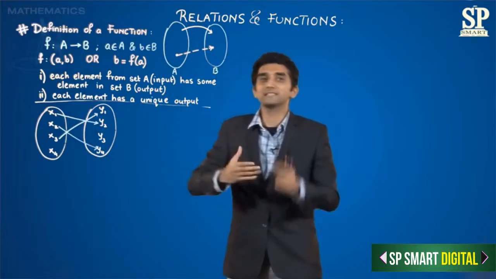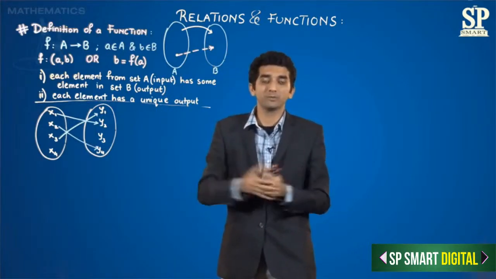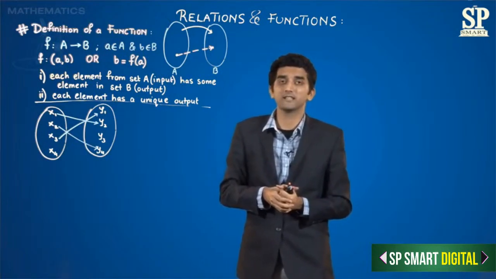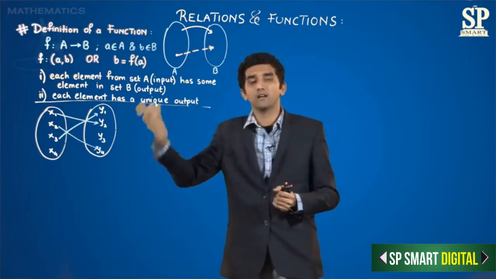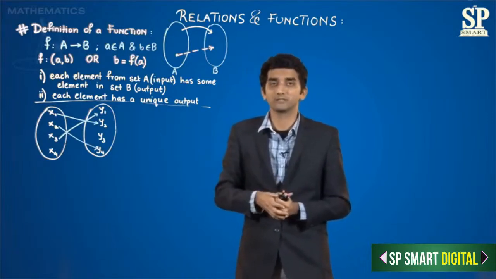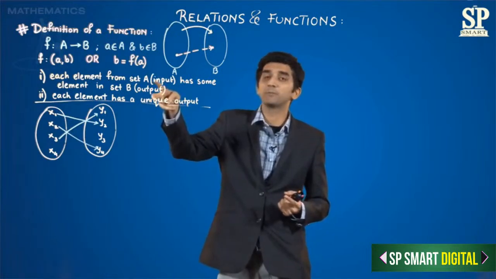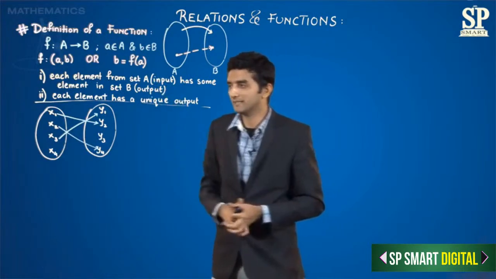So a function is a subset of the Cartesian product A cross B, as we had discussed earlier in relations. Even relations are subsets of the Cartesian product. It can be a proper or an improper subset, but between a relation and a function, these are two important conditions that need to get satisfied.